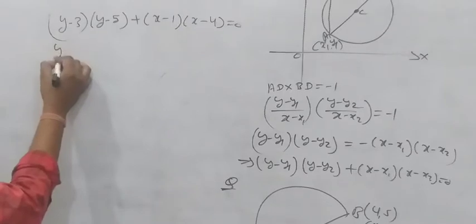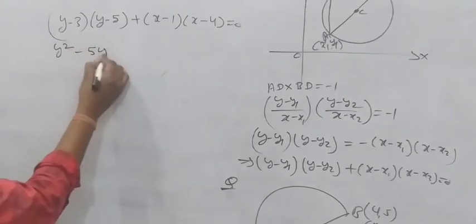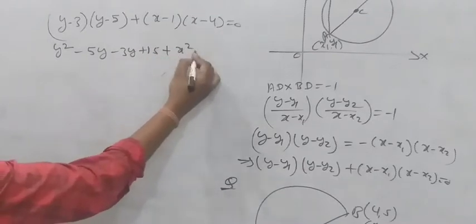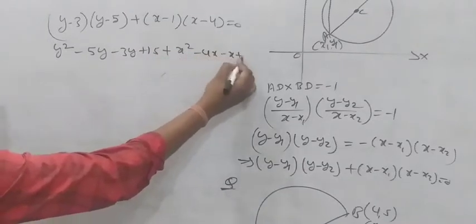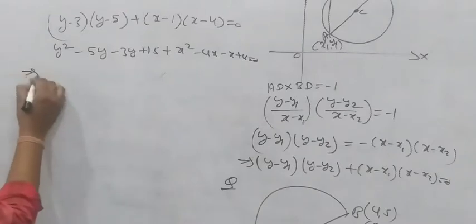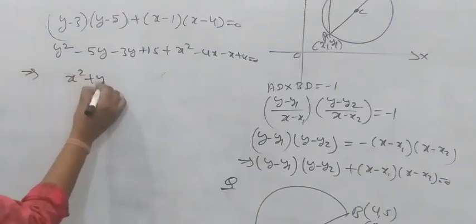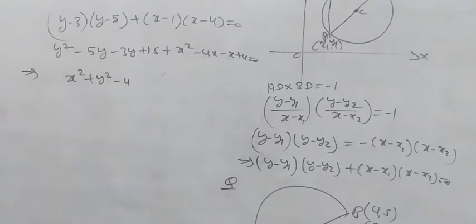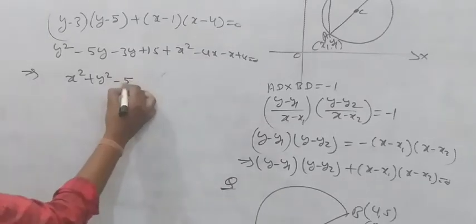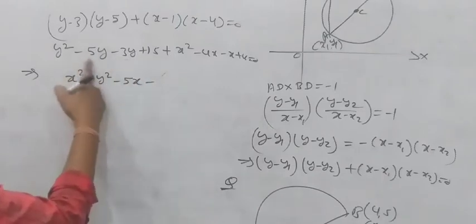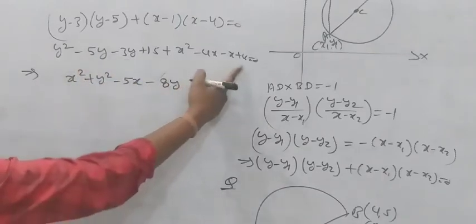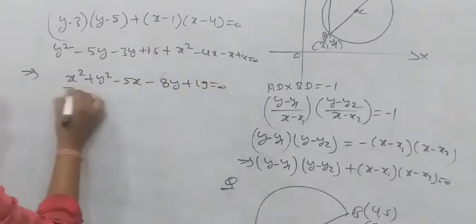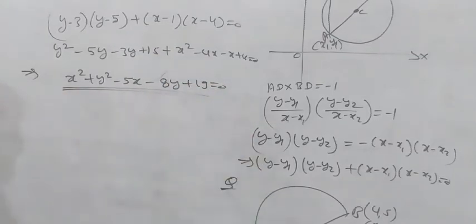Now we can open: y square minus 5y minus 3y plus 15, and x square minus 4x minus x plus 4 is equal to 0. Now x square plus y square, minus 4x minus x is minus 5x, and minus 5y minus 3y is minus 8y, and 15 plus 4 is 19, equal to 0. Now this is the answer.